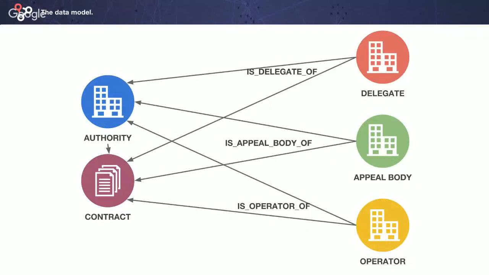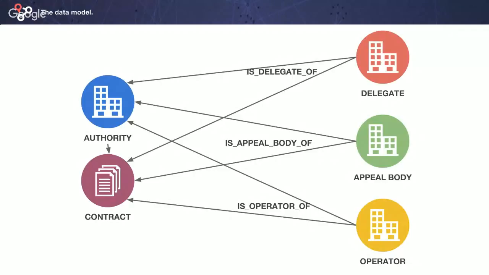The appeal body is responsible for reviewing any disputes related to the good conduct of the tender. Finally, in our dataset, we are going to focus on the operators. So the operators are the companies awarded the tenders by the authorities.